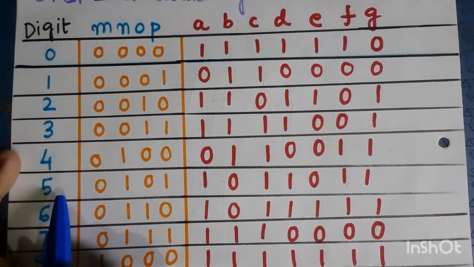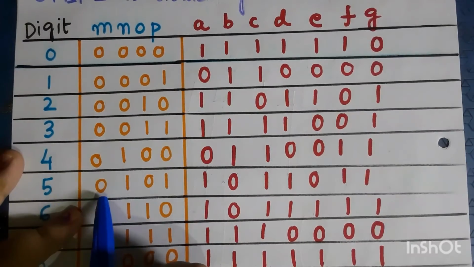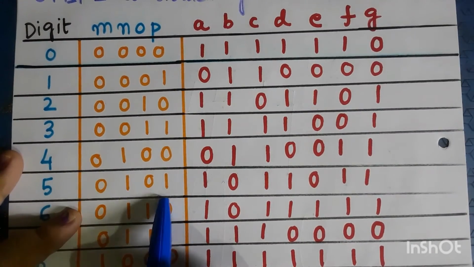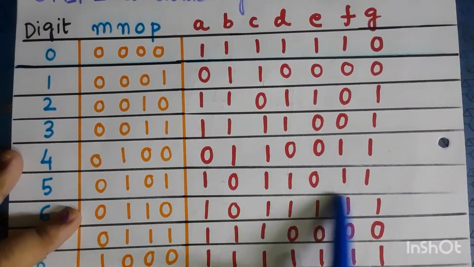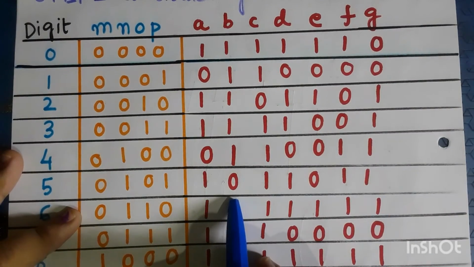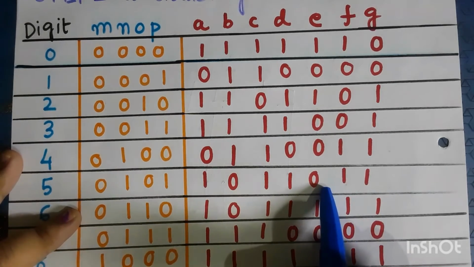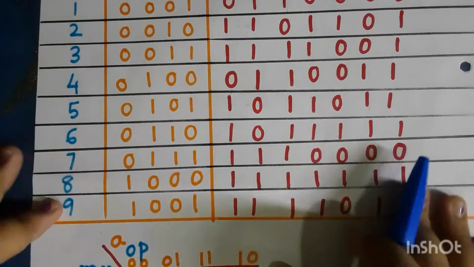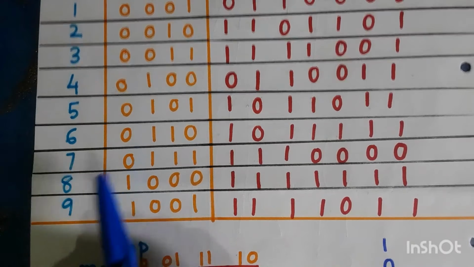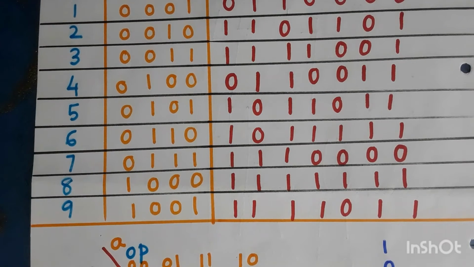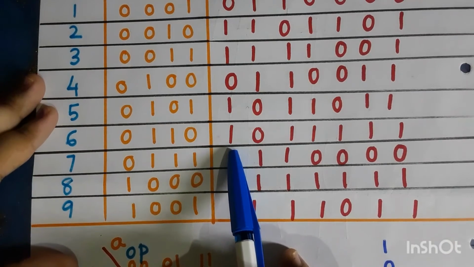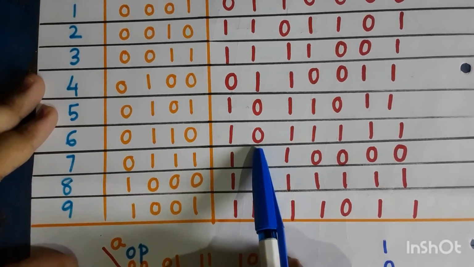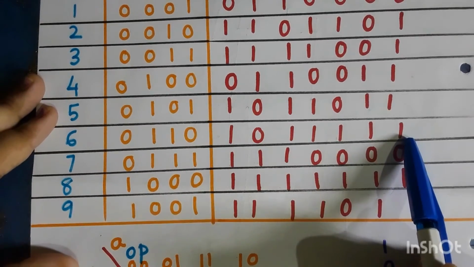To represent the decimal digit 5, the BCD is 0101. For A to G, B would be 0 and E would be 0, and except that all would be 1. For 6, BCD 0110, B is 0 and all others are 1.